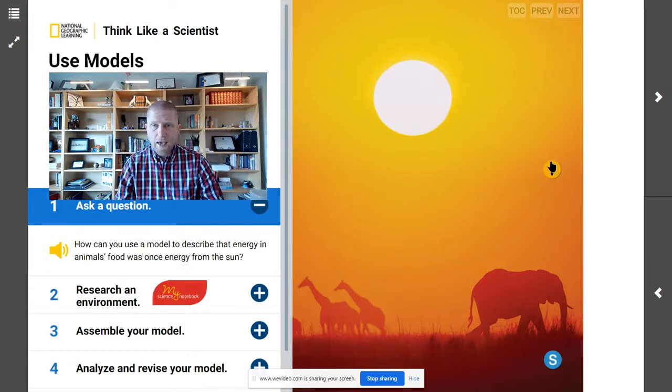After reading the caption, we should definitely notice the sun, and we know the sun is the start of every food chain.